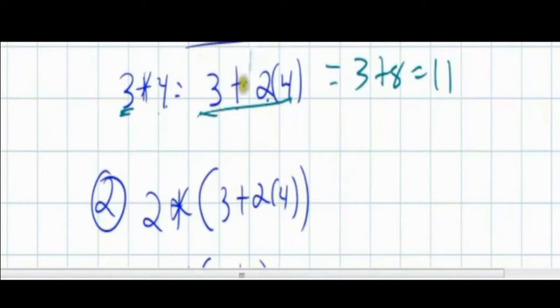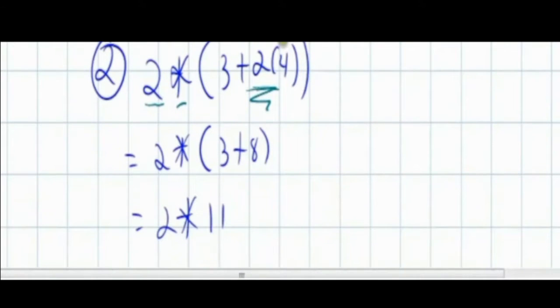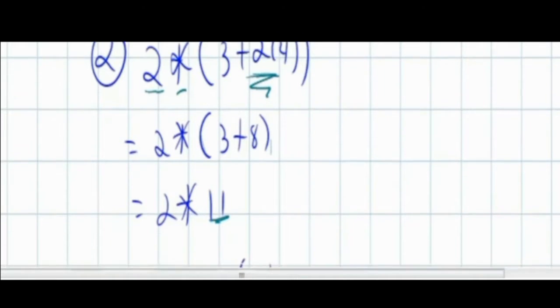So I rewrote it, and so I said instead of the quantity 3 star 4, I wrote the quantity 3 plus 2 times 4. And remember that you're still going to do something with that once you figure out the inside. You have to take 2 star whatever you get. So I went ahead and solved, and I said 2 star times the quantity 3 plus 8, which is 11.